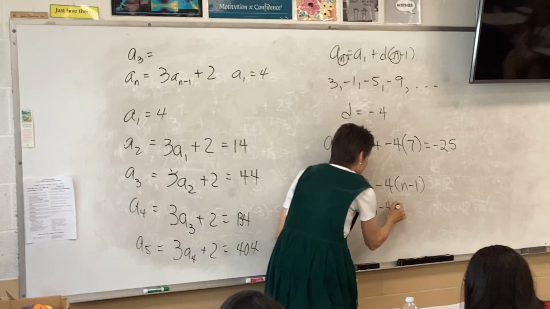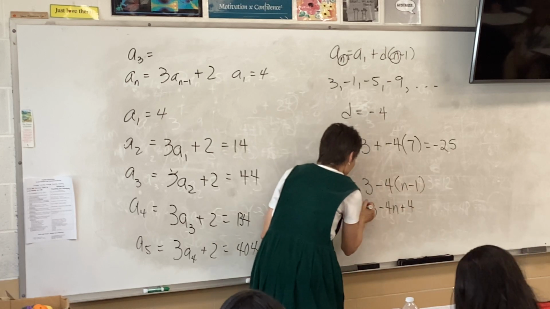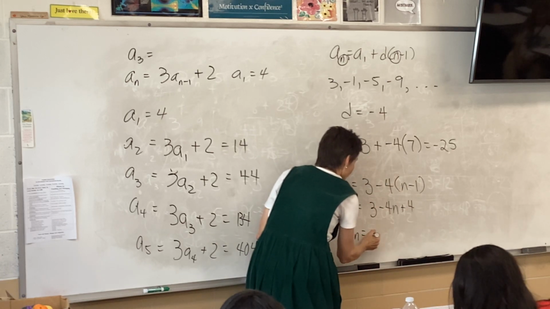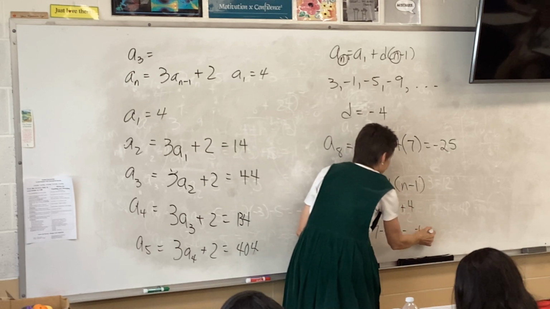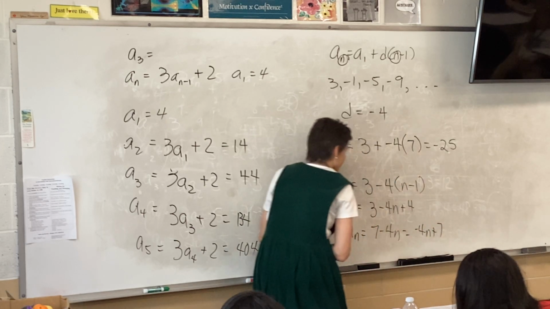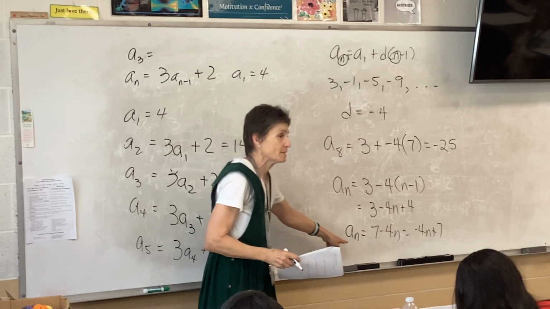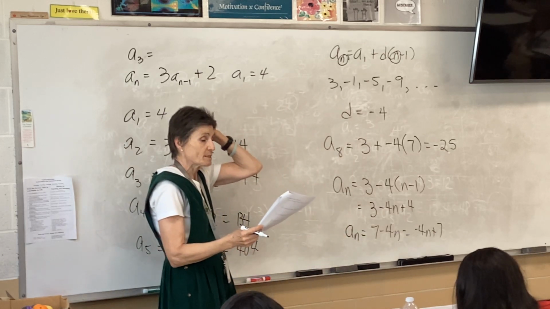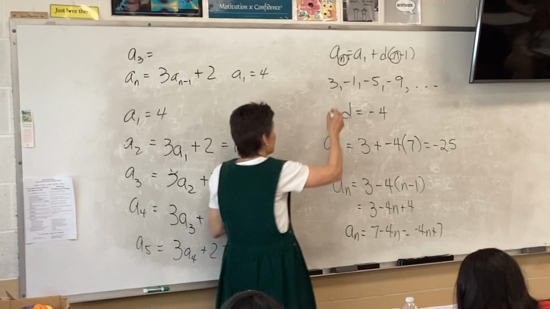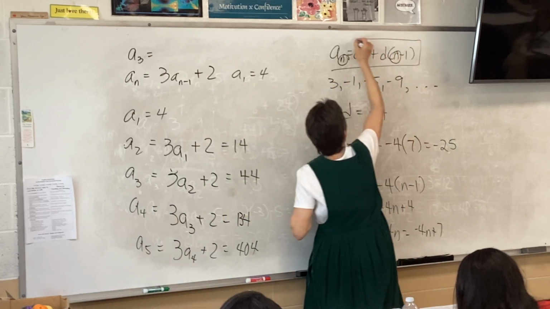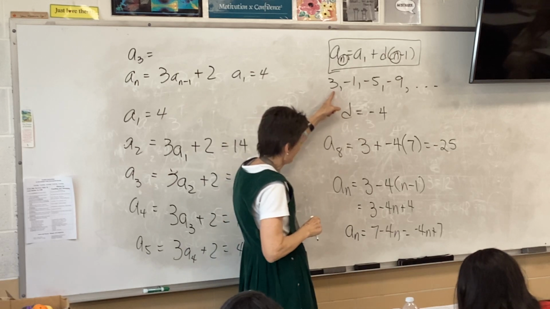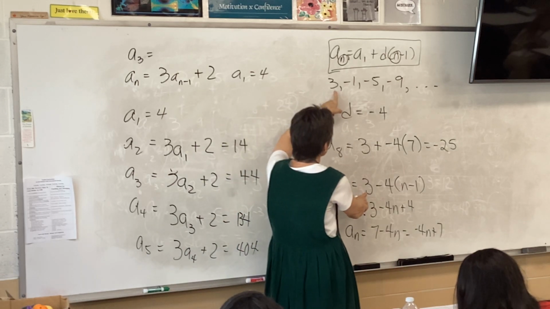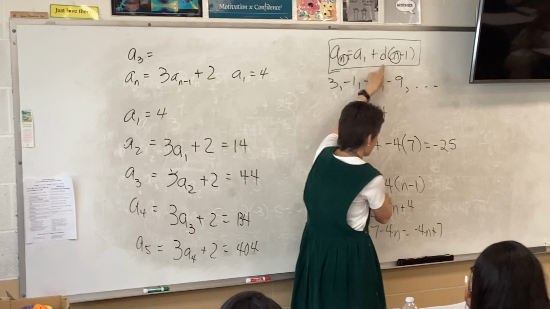Normally we do the distributive property and clean this up a little bit. So our explicit rule is 7 minus 4n or -4n plus 7. It doesn't matter which order you write those. That's the explicit rule. So the explicit rule comes straight from our formula, and we just plug in the specifics for this problem, which is the first term and the common difference.